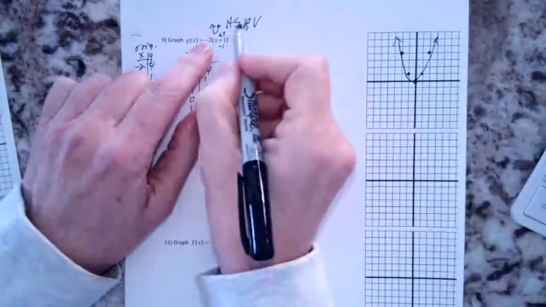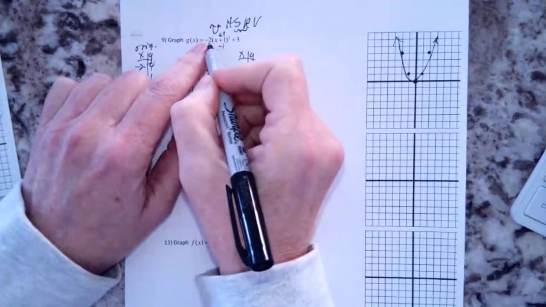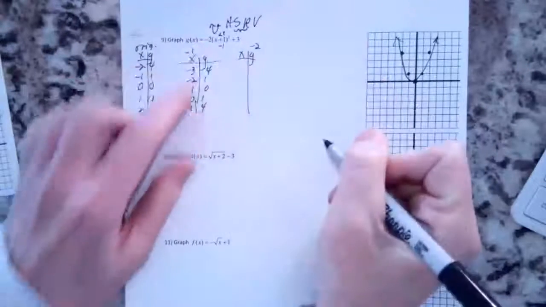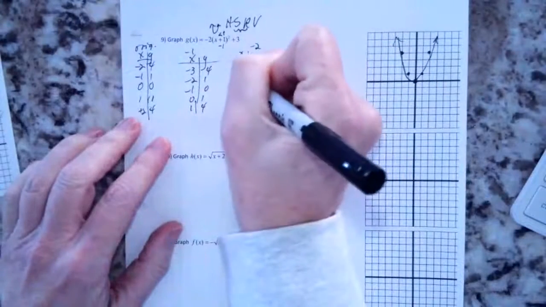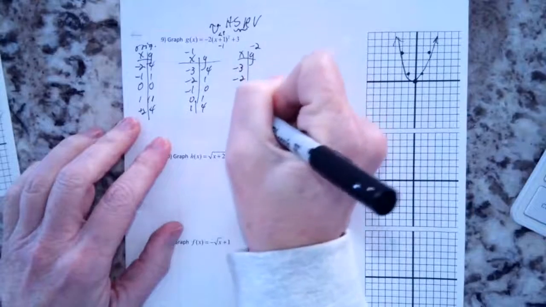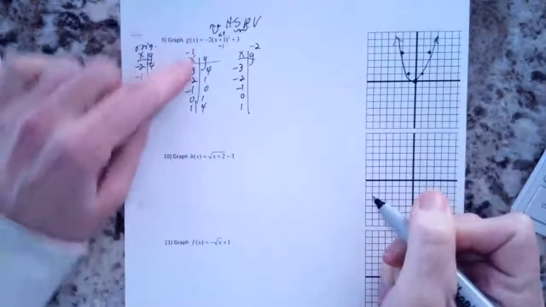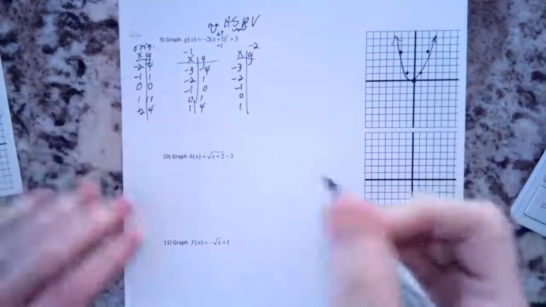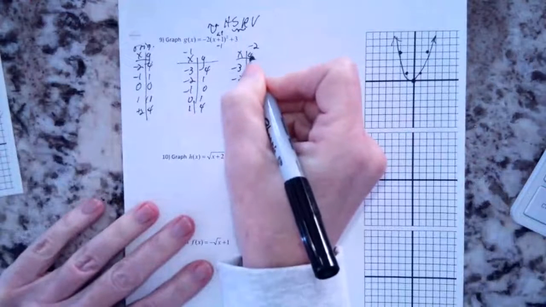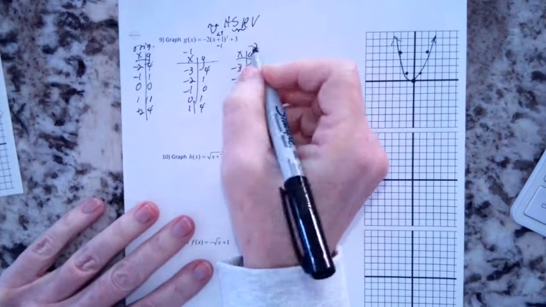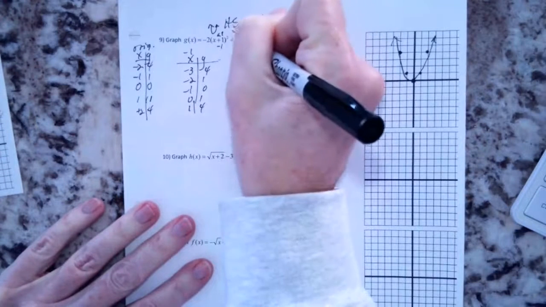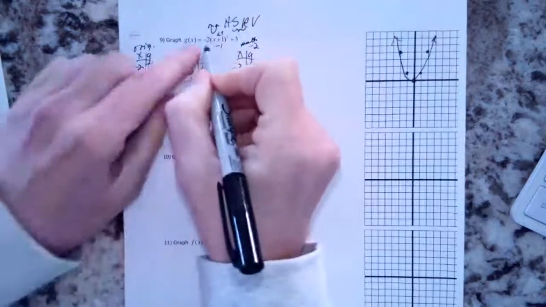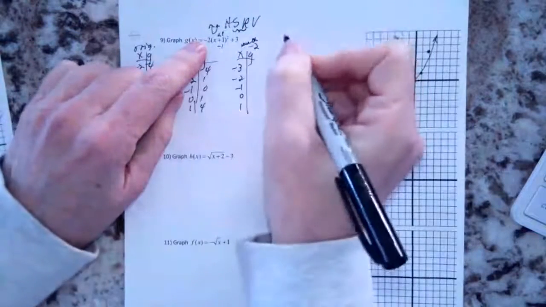That just means, and we can do these at the same time, we're going to multiply each y times -2. So keep the x's. Don't change them. The only time we change the x's is on the horizontal. Multiply the y's times -2, because it says times -2.